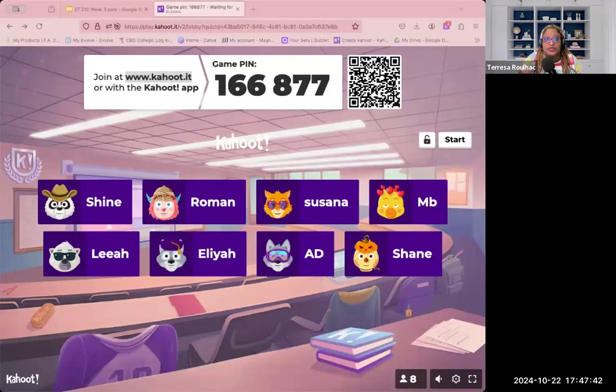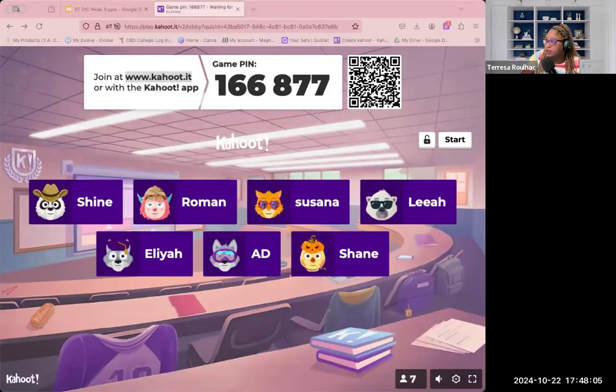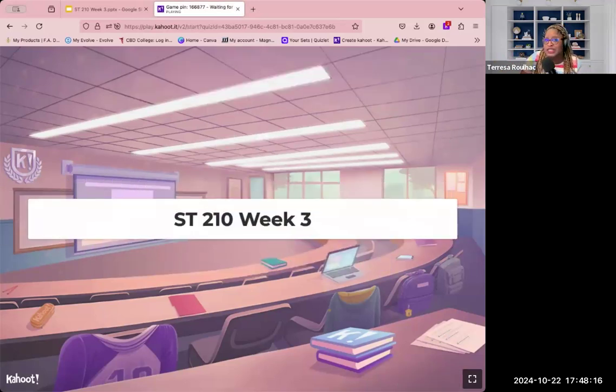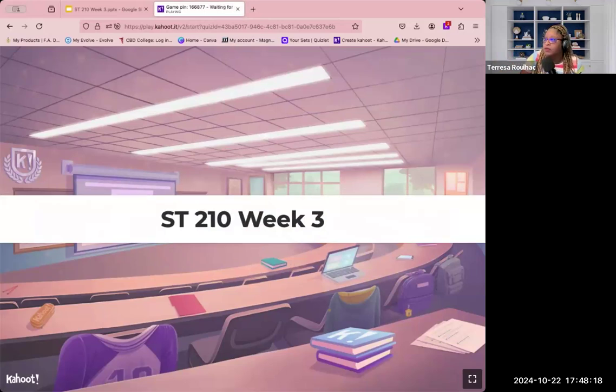But if you're driving, don't send me the message while you're driving. Just send it to me later. I got you. All right. There are 8 of us on. I know 1 is driving. I'm going to wait a couple more seconds. Okay, 2 driving. All right, let's go ahead and start. Everyone else will be able to kind of watch the playback, okay? Again, these are questions that you may see this week.